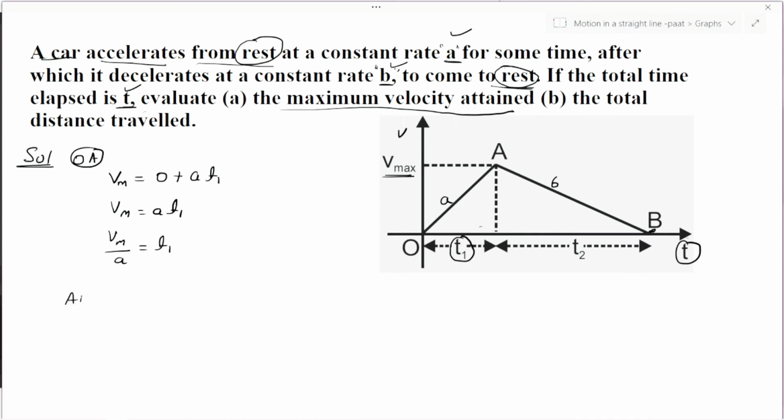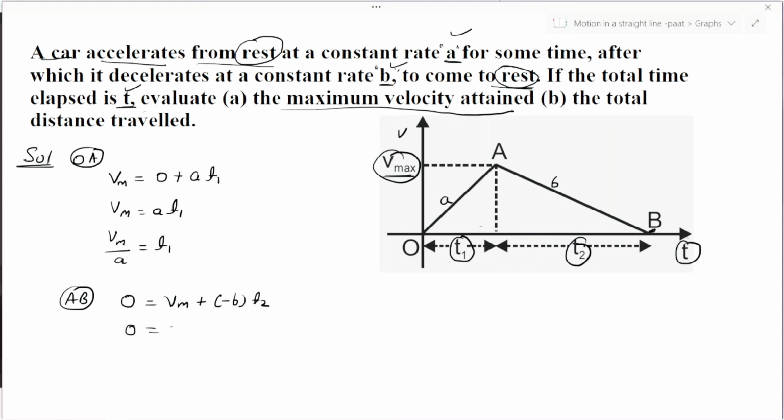Now for the AB section, the retarding section. In this case, the final velocity is 0. The initial velocity is Vm for this section. And here we have retardation of minus b, and we have time t2 in this section.